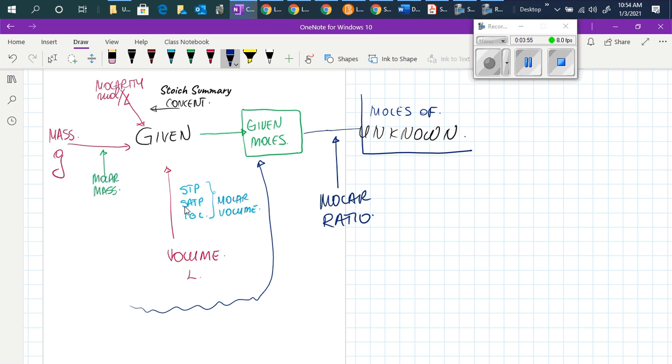So this will be moles of unknown. And then again, if they are asking for grams, for mass, then you will use molar mass.